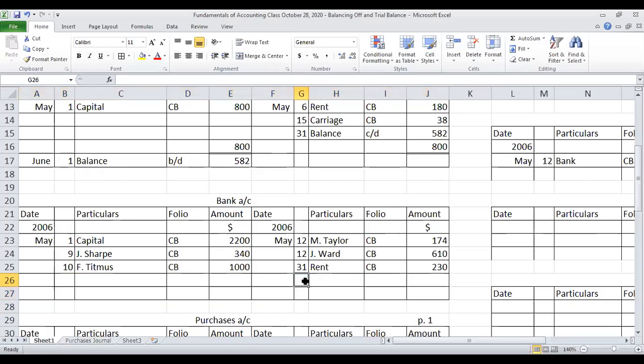So you would have May 31, balance CD. CD means carried down, right? 2,526. Good. And you put in your totals now.